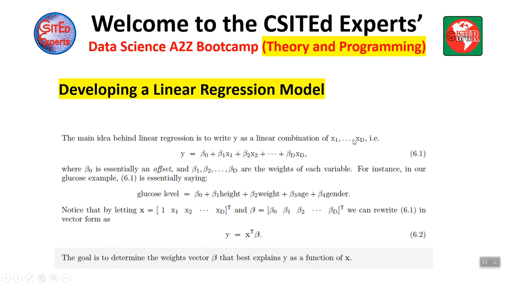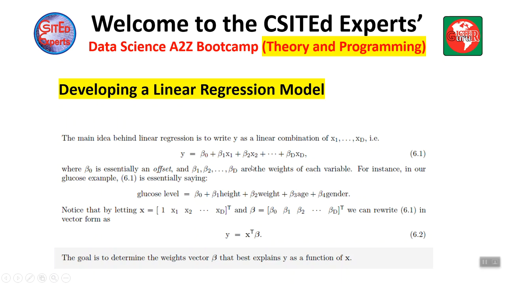This is my independent variable set, a vector of d dimension. Then we use y equals beta 0 plus beta 1 x1 plus beta 2 x2 plus dot dot plus beta d xd, where beta 0 is the initial offset, and beta 1, beta 2, beta 3 are the weights of each of the variables.